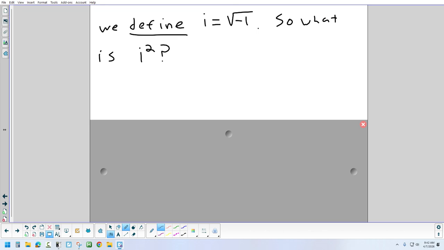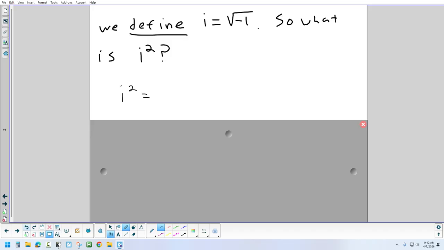So what does i squared mean? If you write that out, let's say for someone who doesn't understand what that 2 means. So when you raise something to the second power, what does that mean to do?